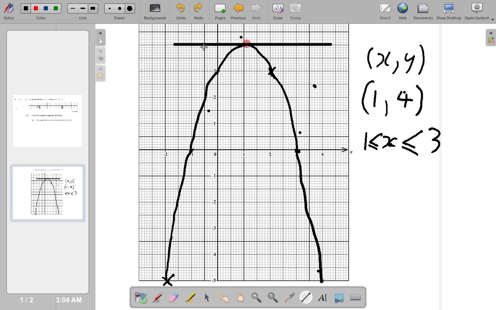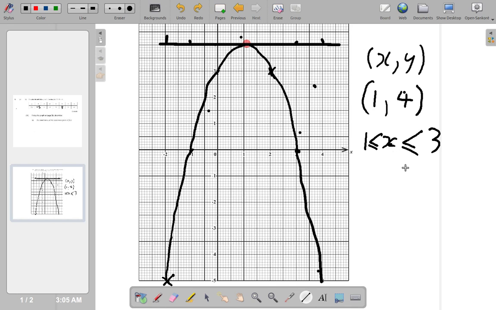Now this is a horizontal line and the gradient is the rise over run. If I should make the run, say from here to here, I would have a value. Let me make the run from -2 to 4. How many units does it run?